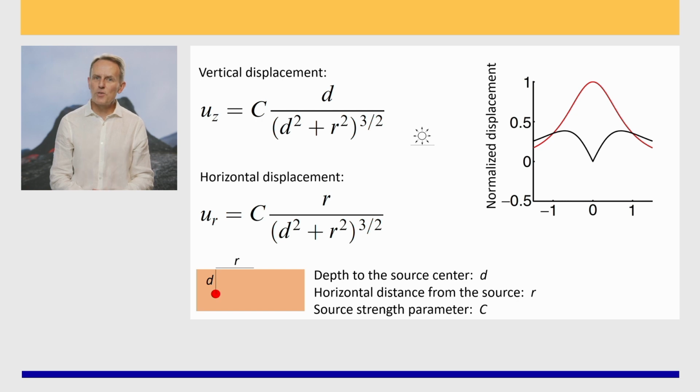We use the letter U to denote displacement, vertical displacement, or the height change that can be referred to as U subscript Z, with Z referring to the vertical direction.